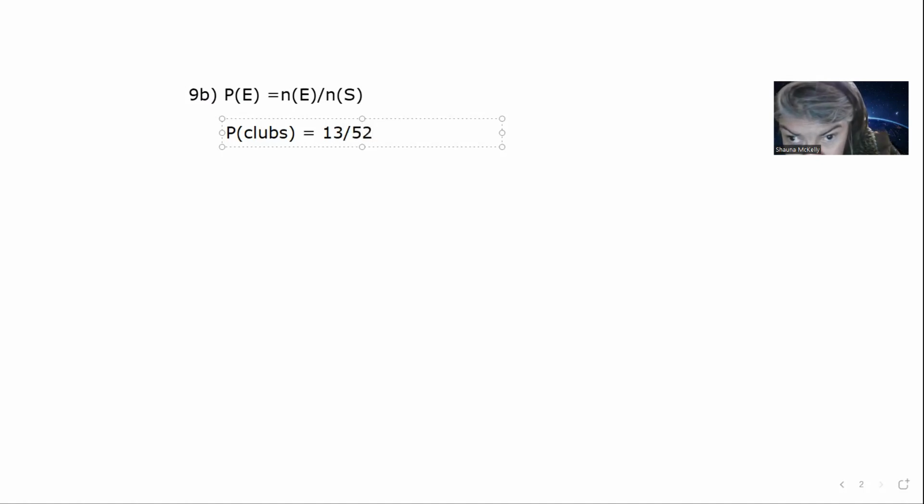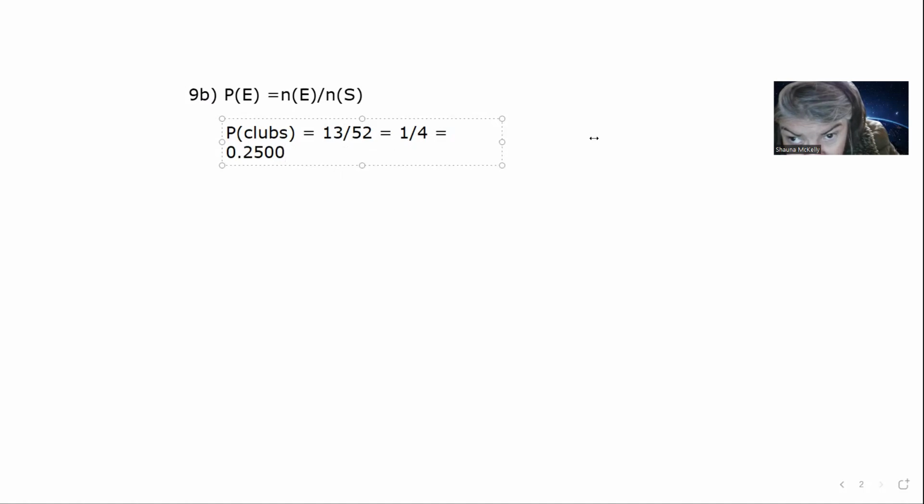Then you reduce the fraction, which is 1 out of 4. Then you go to a decimal, which is 0.2500 if you want to make it 4 places.